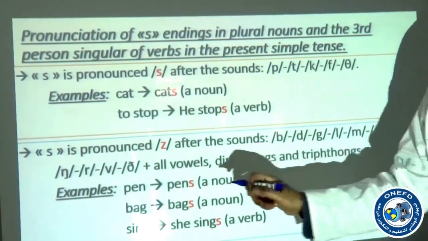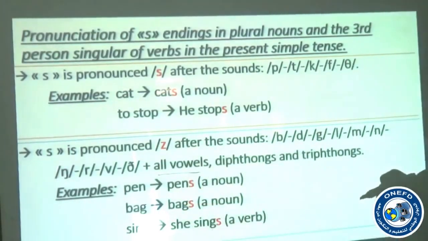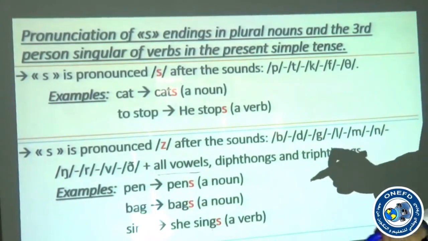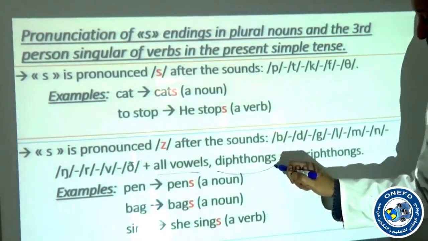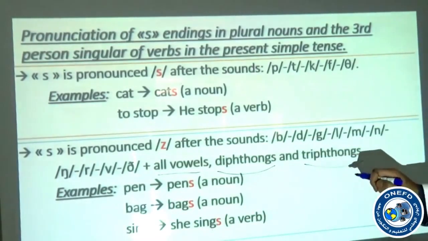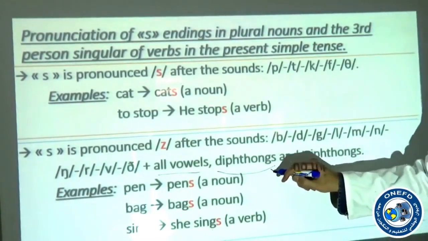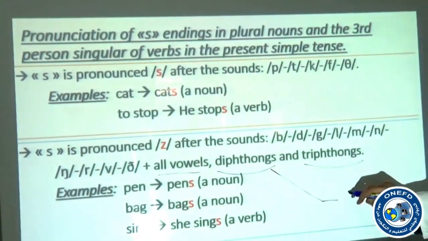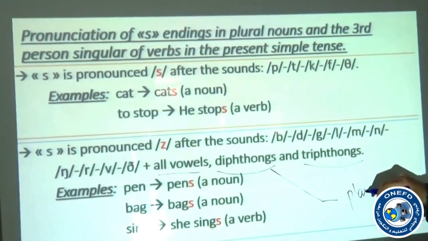Here, just vowels. Normally you know what we mean by vowels. In French you say voyelle. Diphthongs and triphthongs: a diphthong is like, for example, the word play.